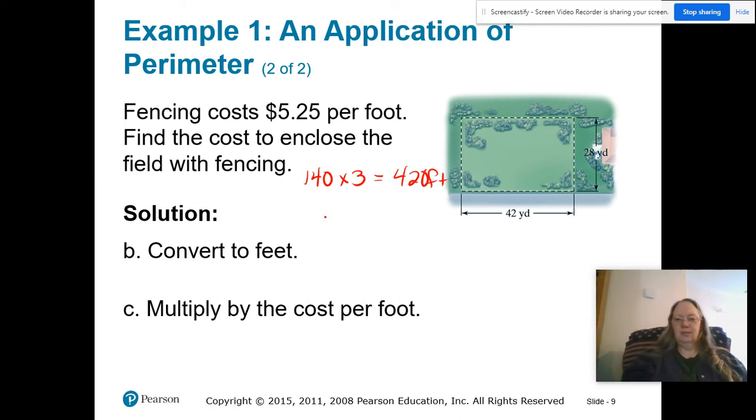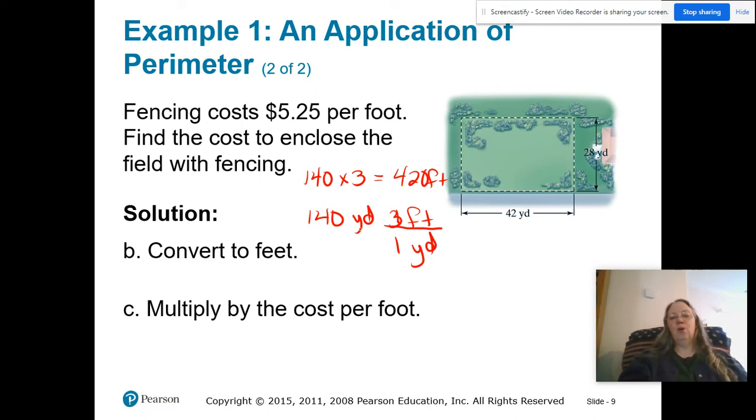The other way we can set it up is what's called unit analysis. And we know that there's 3 feet for every 1 yard. The advantage to doing it the second way is that we don't have to remember whether we multiply by 3 or divide by 3, because the way we set it up will automatically tell us whether we have to multiply by 3 or divide by 3.